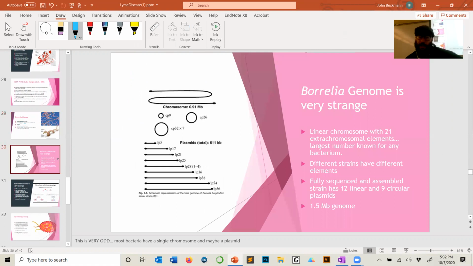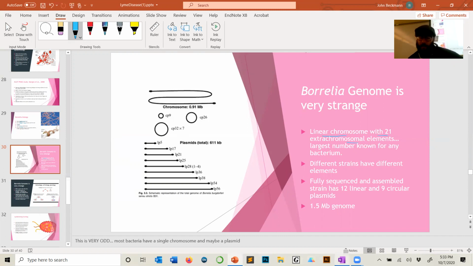They've sequenced its genome, and there's a really interesting structure to the genome of Borrelia. Borrelia has a very strange genome. There's linear chromosomes, and there's essentially 21 extra chromosomal elements.